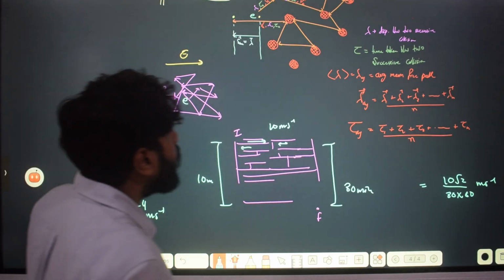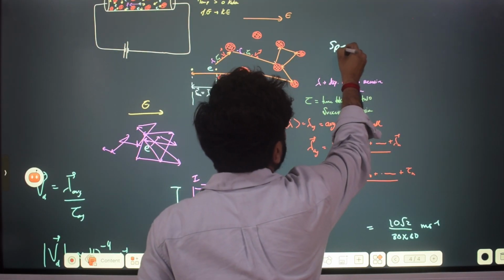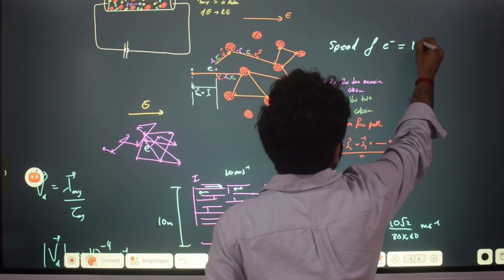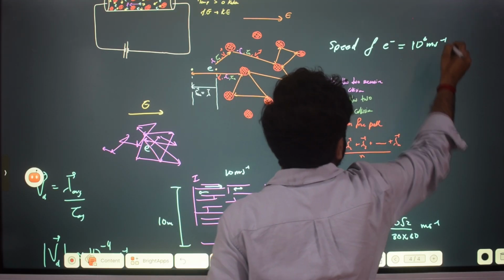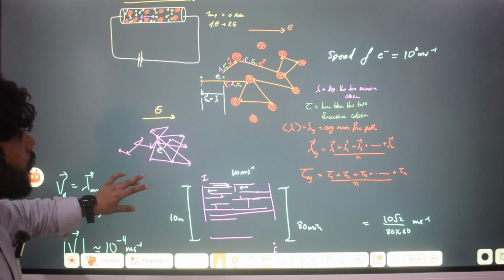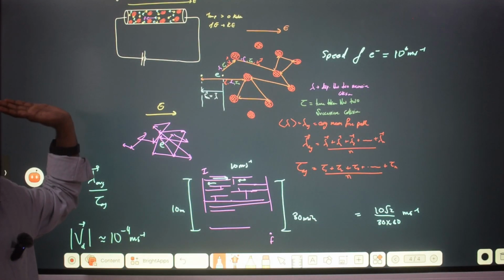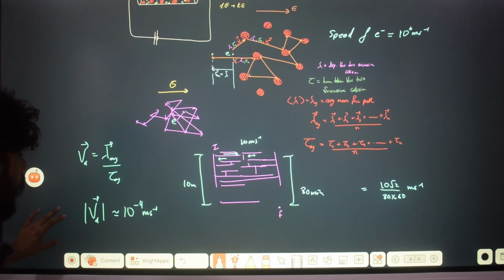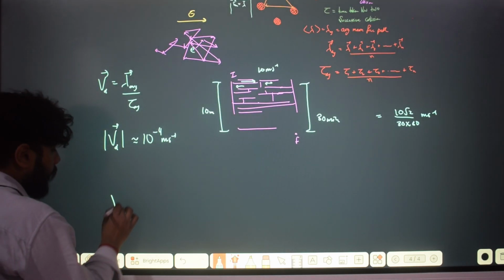And if you remember, the speed of the electron was 10 raised to power 6 meter per second. That means the speed by which the electron moves is very high, but the average velocity by which it moves in the direction opposite of the electric field is very small because of constant collision. Got it? So we can write the definition of drift velocity.